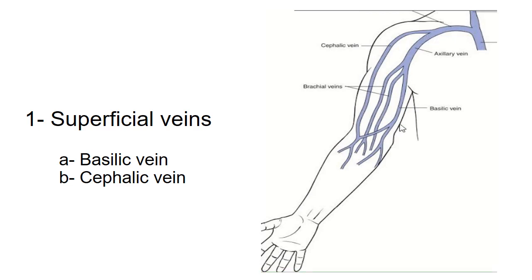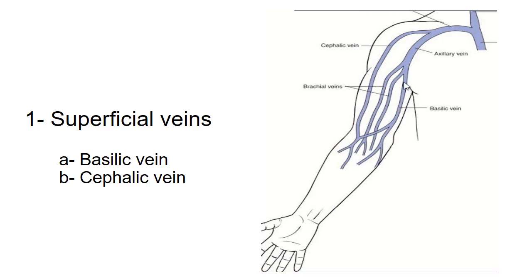We have another superficial vein in the arm termed the basilic vein. This basilic vein is formed from the medial end of the dorsal venous arch of the hand. It ascends medially, in the subcutaneous tissue of the medial aspect of the forearm and arm, like this.